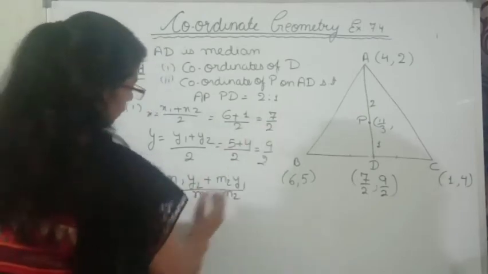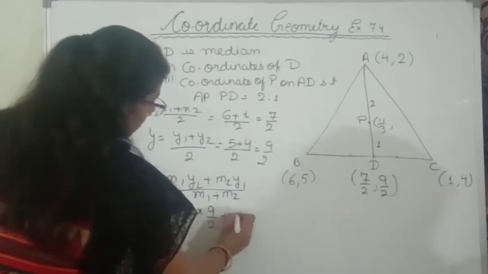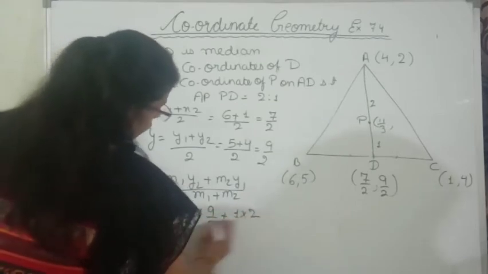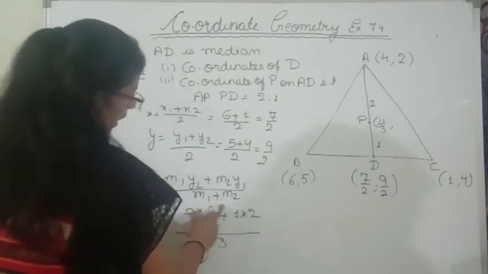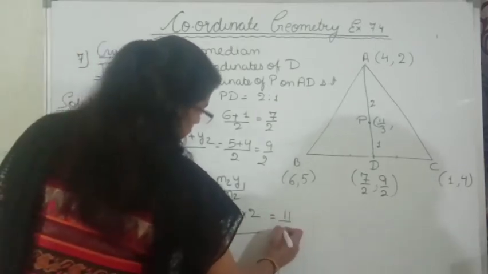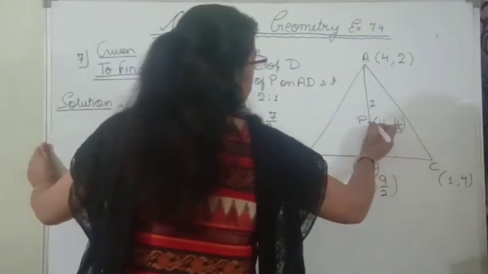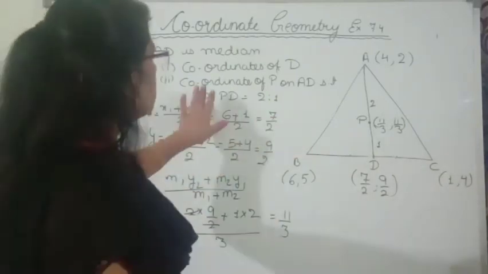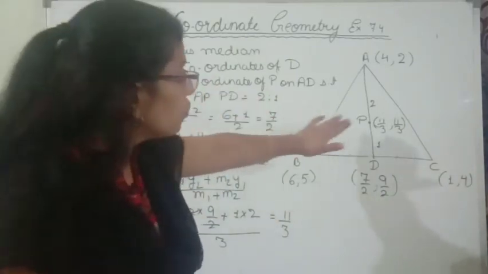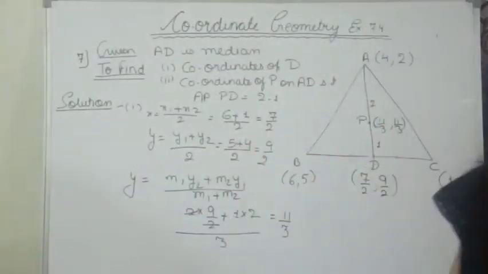M1 is 2, into y2 which is 9 upon 2, plus M2 which is 1 into y1 which is 2, upon M1 plus M2, 2 plus 1, 3. The 2s cancel. 9 plus 2, 11. So we got 11 upon 3. So the coordinates of point P are 11 upon 3 and 11 upon 3. So the second part also you got. Now let us do the third part and fourth part together.